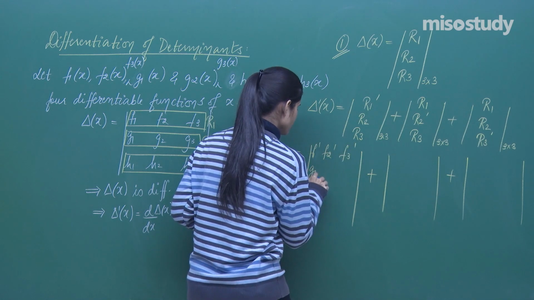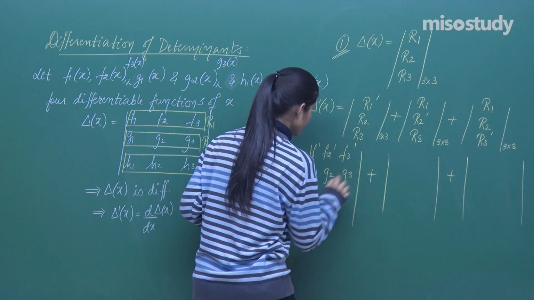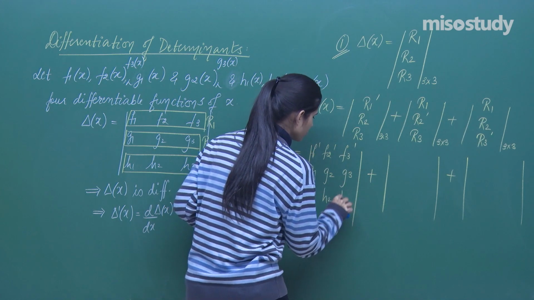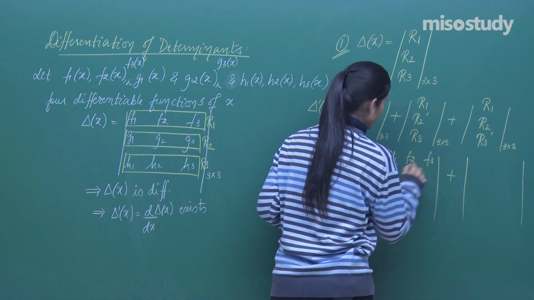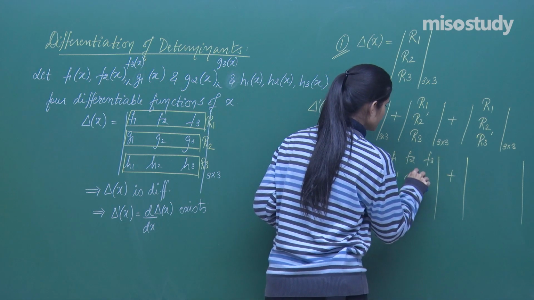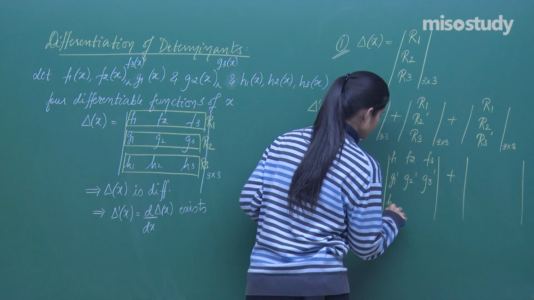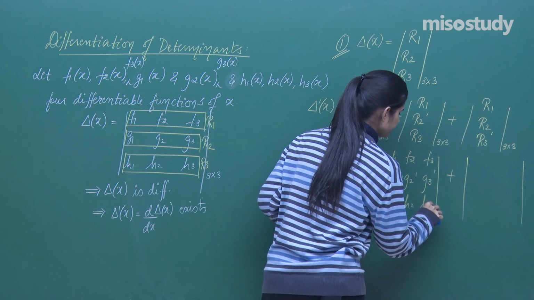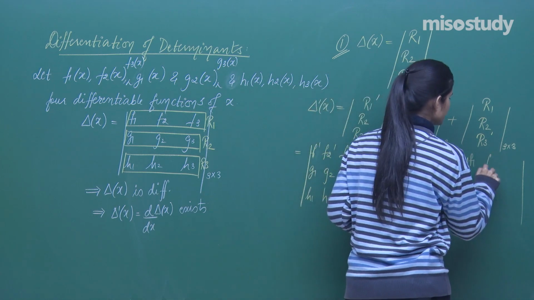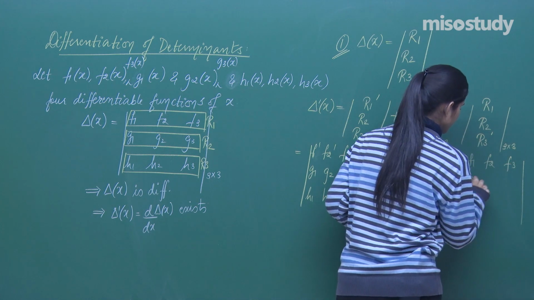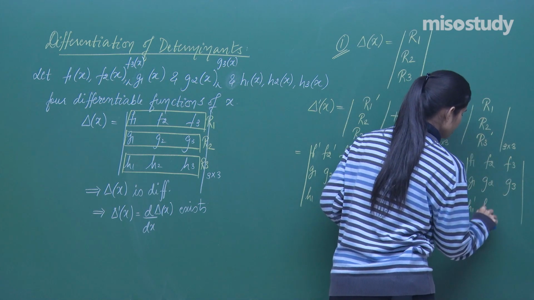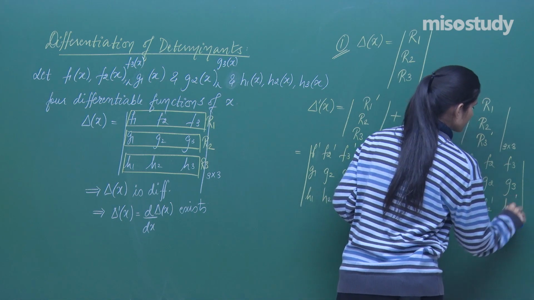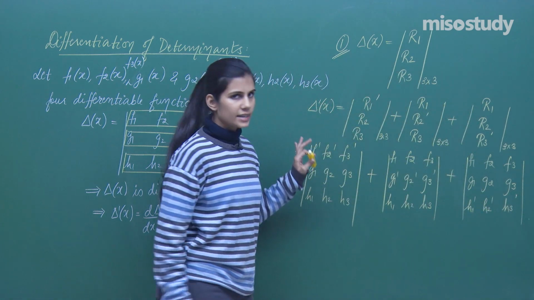Rest as it is: g1, g2, g3, h1, h2, h3. Here keep the first as it is, differentiate the second, third as it is. Here first as it is, second as it is, differentiate the third. This is your delta dash.